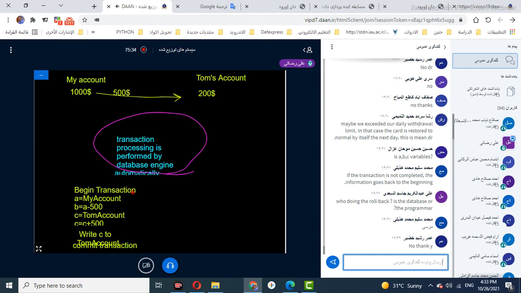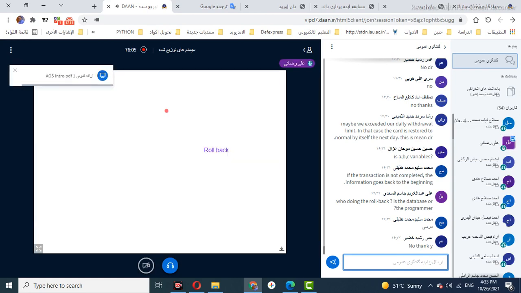So if the transaction commits, then the final values should be written to the database, and if the transaction fails at any point, then we should roll back to initial values. Another question? Okay, so let's go back to our slides.